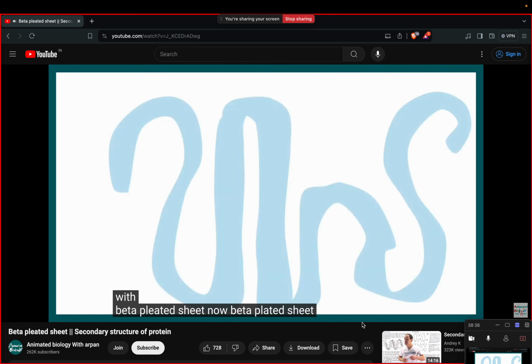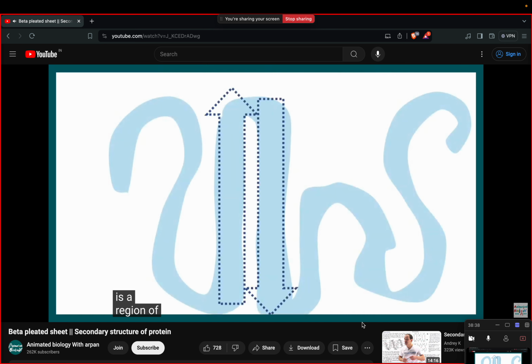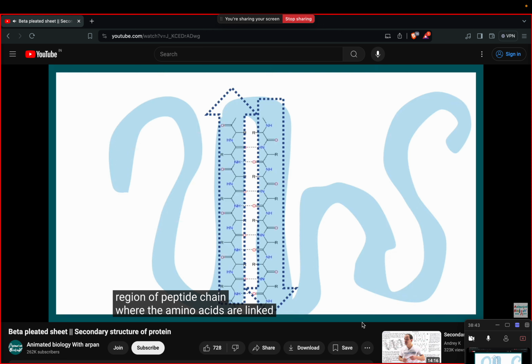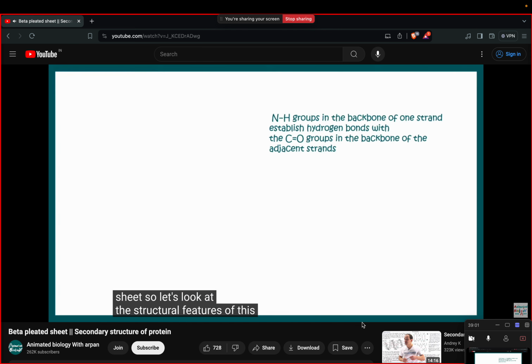Now, a beta pleated sheet is a region of peptide chain where the amino acids are linked with each other in a specific orientation in the form of hydrogen bonding, and this gives a sheet-like appearance in 3D space, and that is why the name is beta pleated sheet. So let's look at the structural features of this.